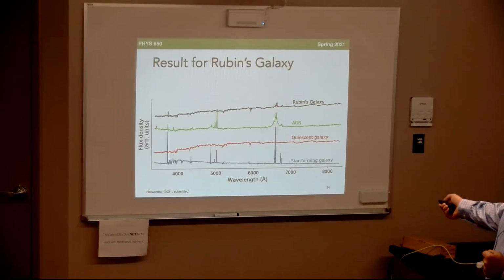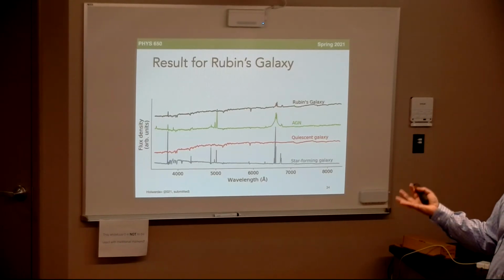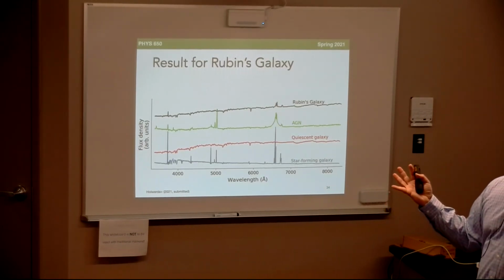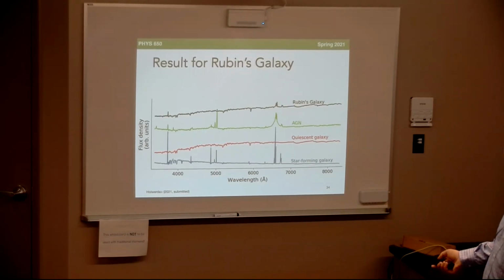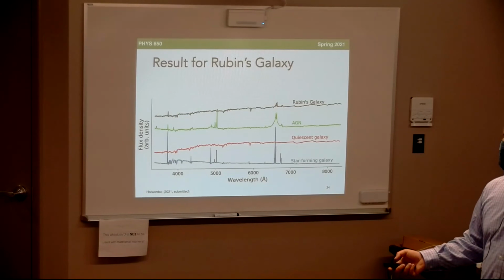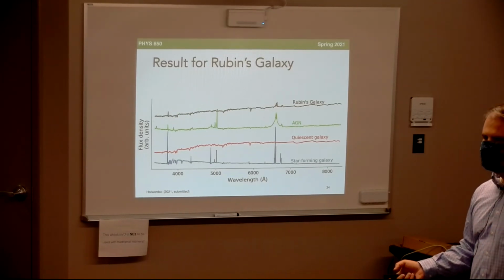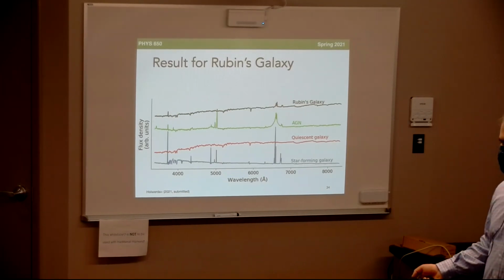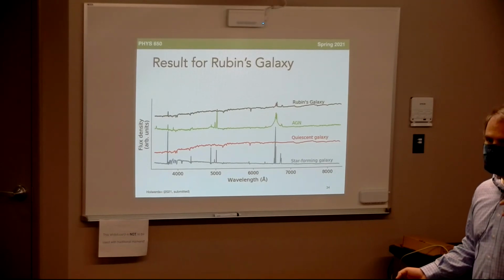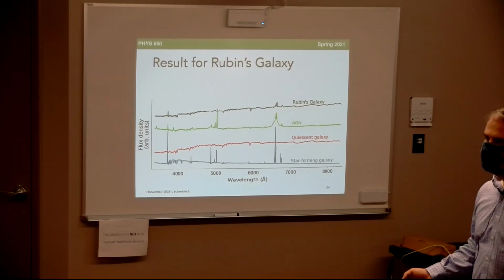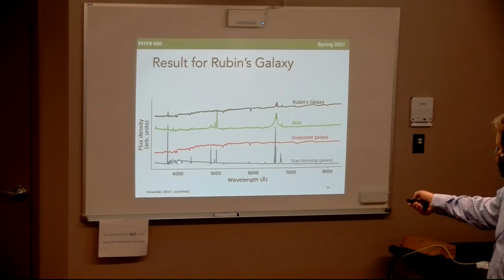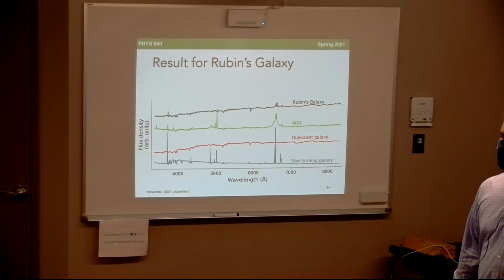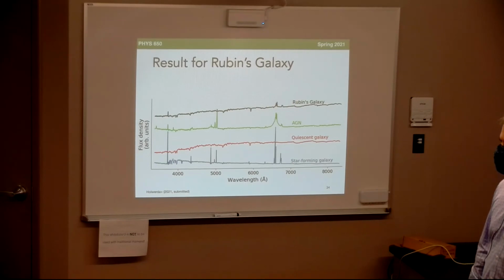And then there's a star-forming galaxy, which has stars fresh for like 1 million years, so you've got to keep making new ones. The ultraviolet pumps up the oxygen, and the oxygen recombines and lets out an emission line. That's basically some of these features here, hydrogen and oxygen. So it's not a star-forming galaxy.